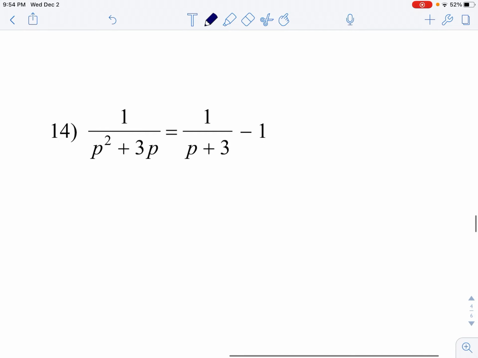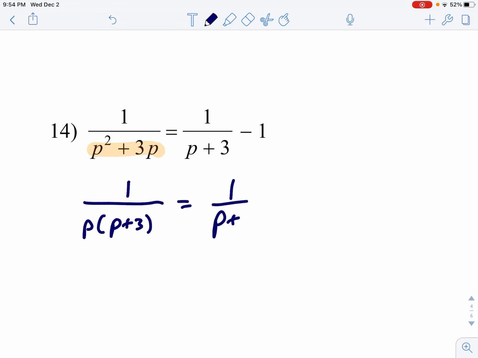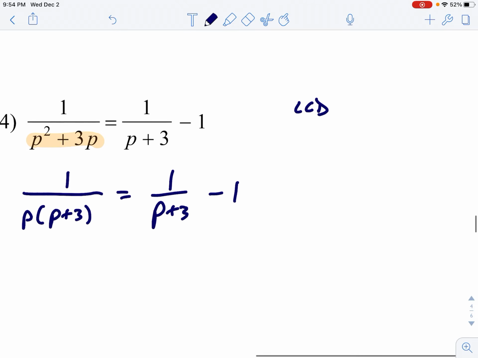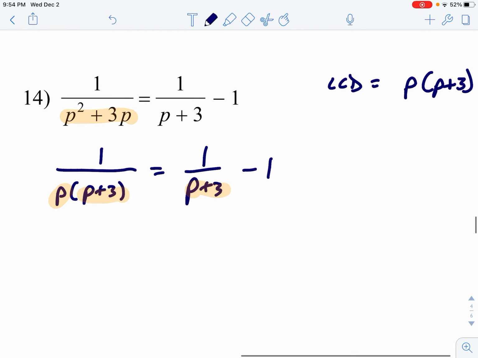This is another one where it would be good to factor the denominator before you start. So this is 1 over p plus 3 equals p over p plus 3 minus 1. My lowest common denominator has to have, of course, p plus 3 in it. But since this denominator also has the variable p, we need that factor in as well.